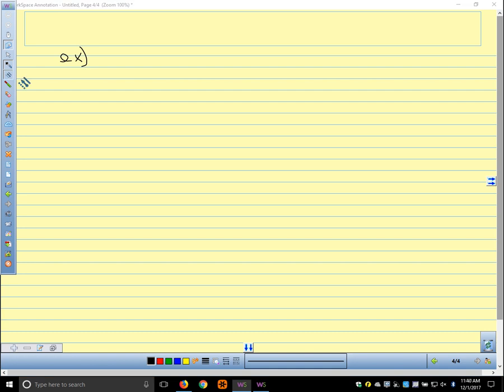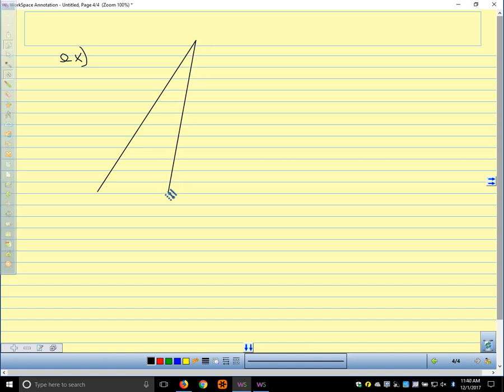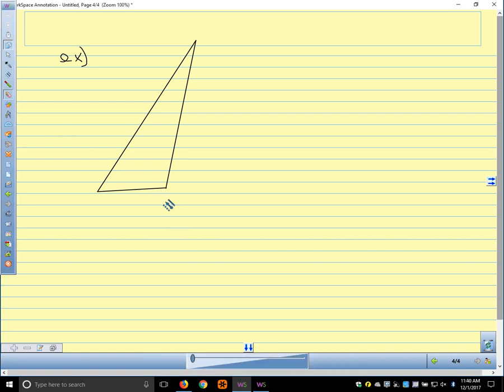So for this one, we want to decide if these segments are medians or altitudes. So here's my triangle. I'm going to draw my segments in blue.